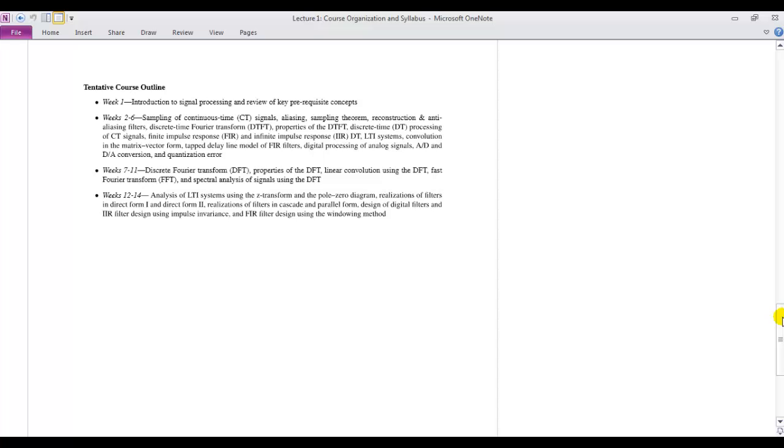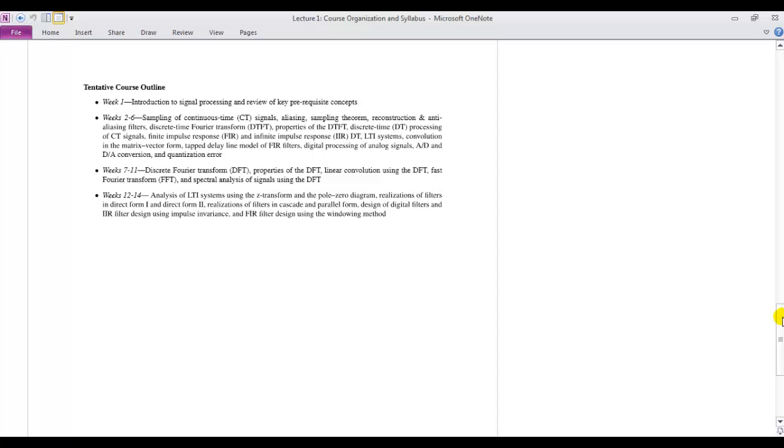In terms of the course outline, in the first week or maybe week and a half, we'll talk about some introduction to signal processing, and some review of 345 concepts for signals and systems. Then the next few weeks, we'll talk about sampling of continuous time signals, aliasing, sampling theorem, discrete time Fourier transform, and details like that.